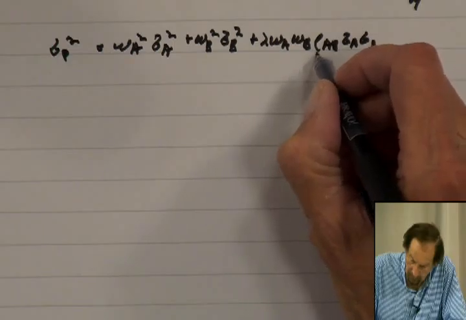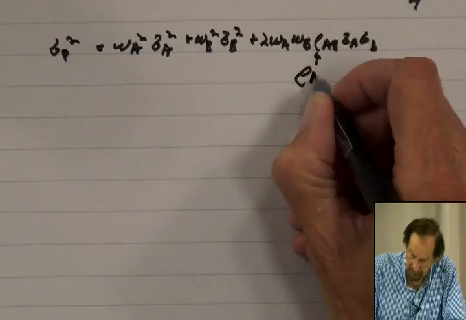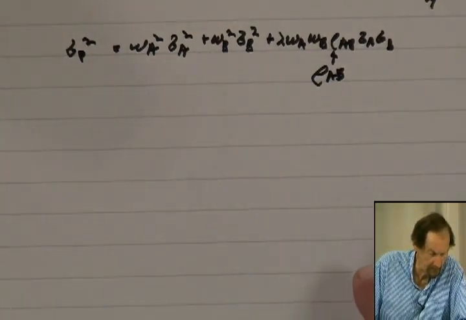This is a rho. It's not a parenthesis sign. Okay, so now let's plug in our data here.